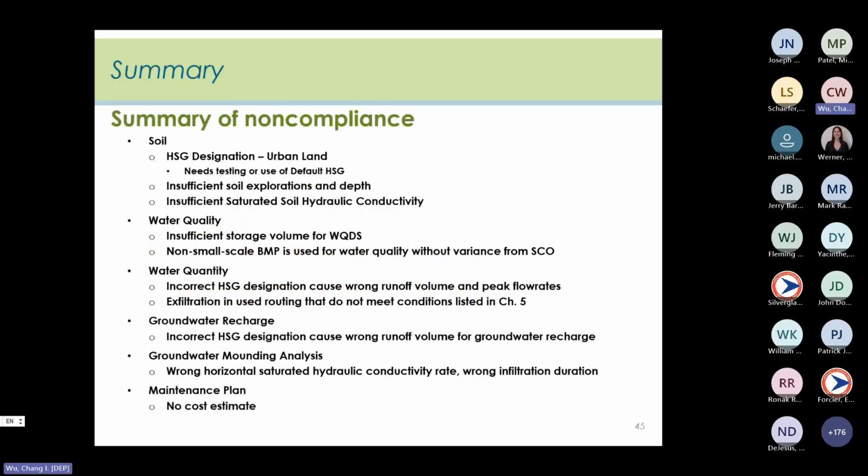So in summary, for this project, there are a couple of issues. For the soil, they have the wrong designation since it is urban land and they did not test the hydrologic soil group. So they have to use the default HSG, but they didn't.